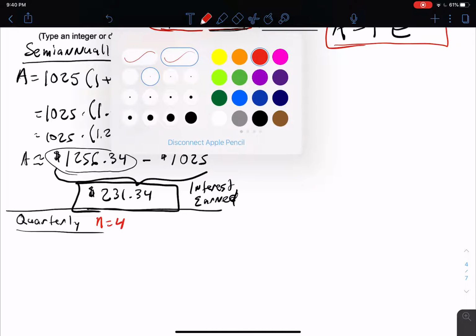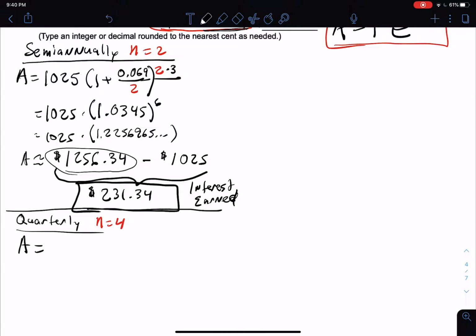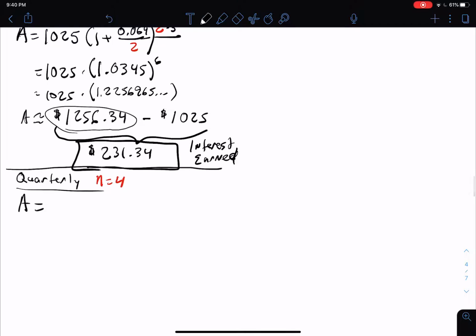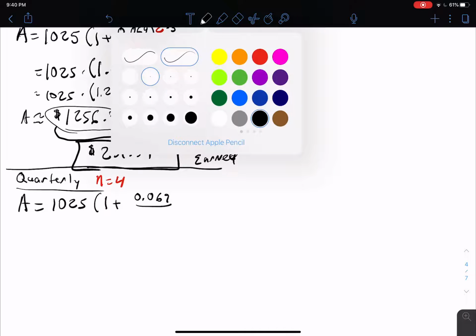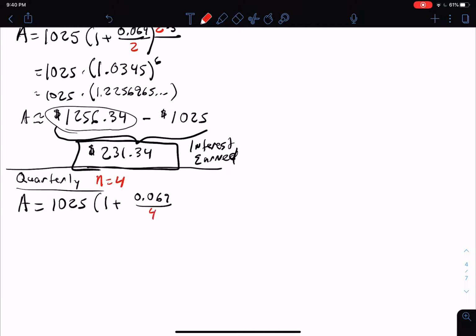And we're going to use the compound interest formula, which is the accumulated future value, A equals the starting amount, 1,025, times 1 plus that interest rate, which is 0.069, divided by, now this time, compounding 4 times, quarterly, right? And so we put our 4s in the proper spot, and it's raised to the 4 times time. The time was 3 years. So first divide by 4, then add 1. That's our order.